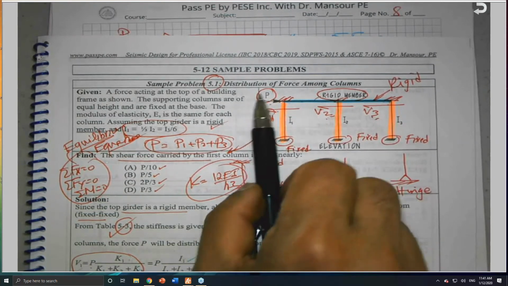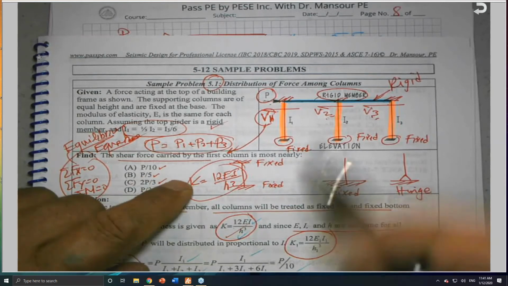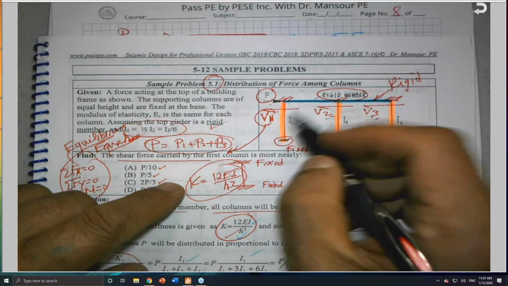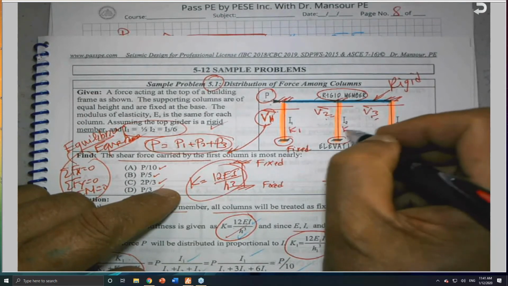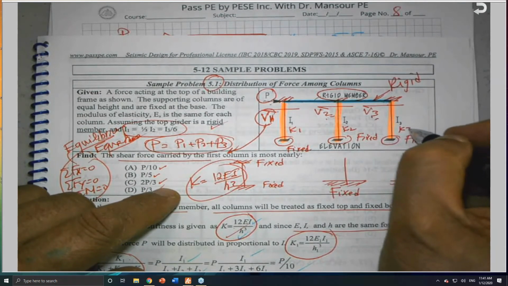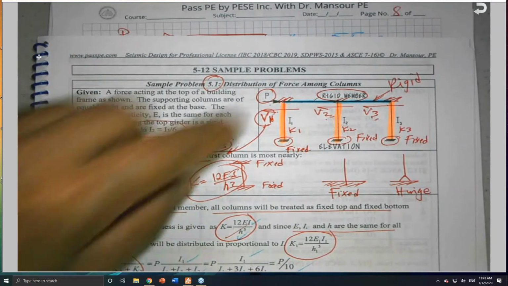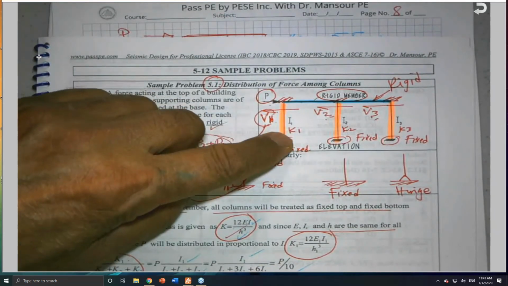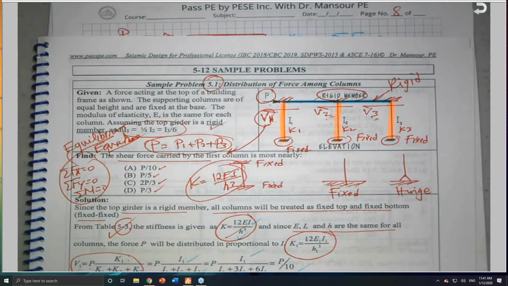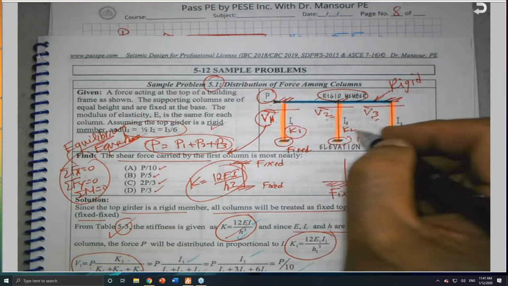Each column has a share. How much is each share? The share will be distributed based on their stiffness. This is K1, and this is K2, and this is K3. So this force is distributed among these resisting elements in proportion to their rigidities or stiffnesses. Here I am dealing with the stiffnesses.